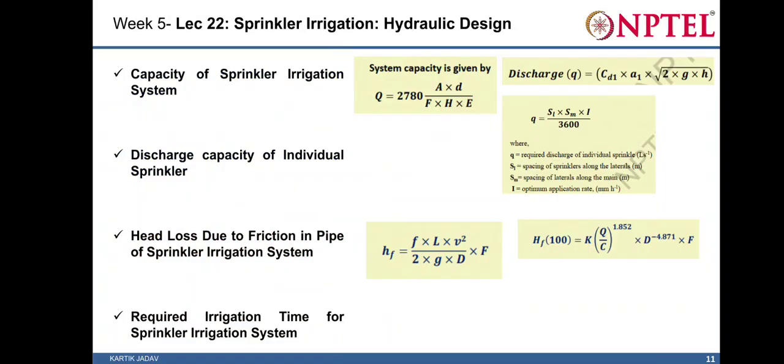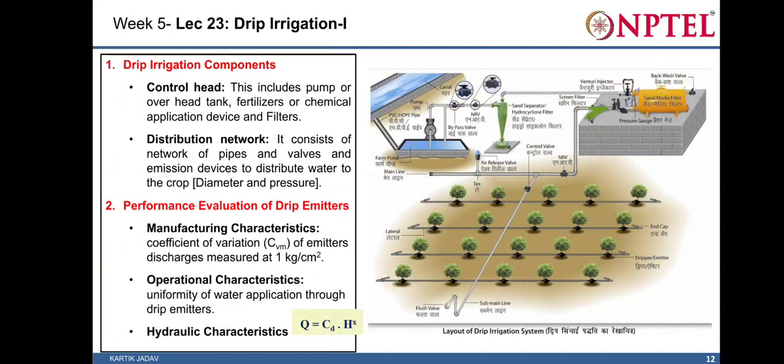That will give us the total capacity of the sprinkler irrigation system. So these are all the formulas related to head loss, and the required irrigation time for a sprinkler irrigation system. We will also learn this through numerical examples.